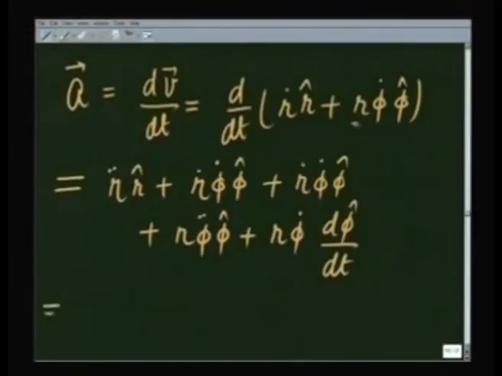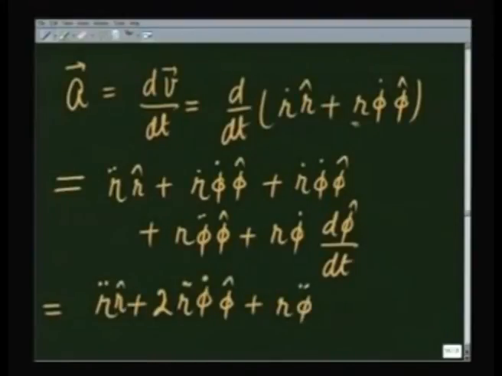Collecting all terms together, you will see this comes out to be r double dot in the r direction, plus 2 r dot phi dot in the phi direction, plus r phi double dot in the phi direction, and d phi by dt, recall, is minus phi dot r.